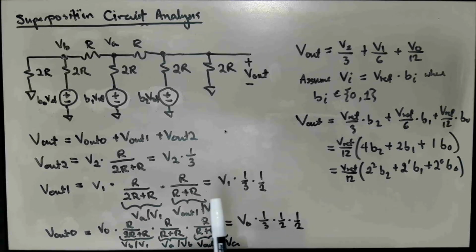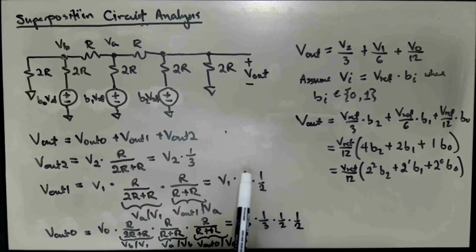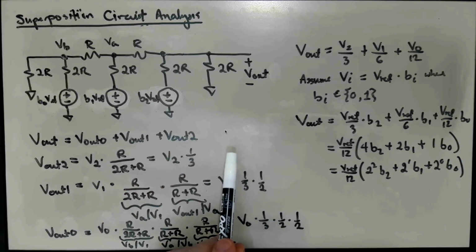So this is extensible to realistically as many as 8 or 10 bits before the mismatch in the resistors really prevents you from making a nice linear transfer curve for your D to A converter.